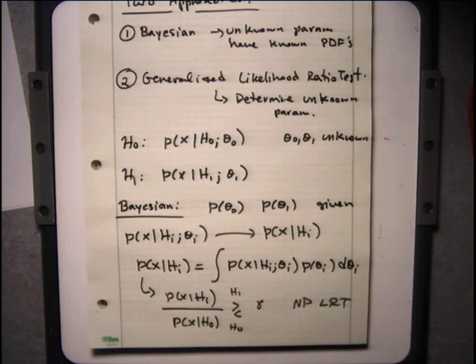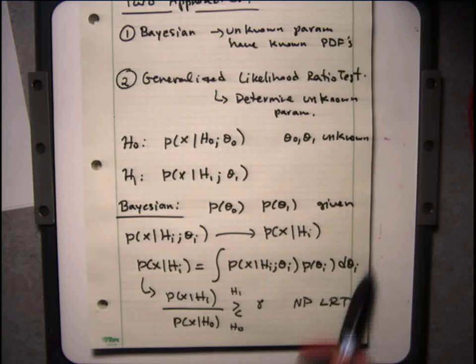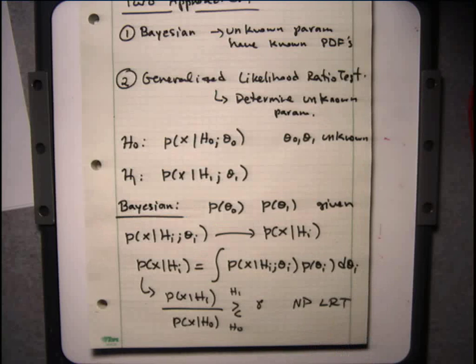So the problems with this are, again, the subjective nature of the choice of the prior, but also probably the most complicated thing is the calculation of this integral. It looks simple enough, but remember, theta_i might not be a single parameter. Theta_i, which is unknown, might contain several unknown parameters, and this integral may be very complicated to calculate.